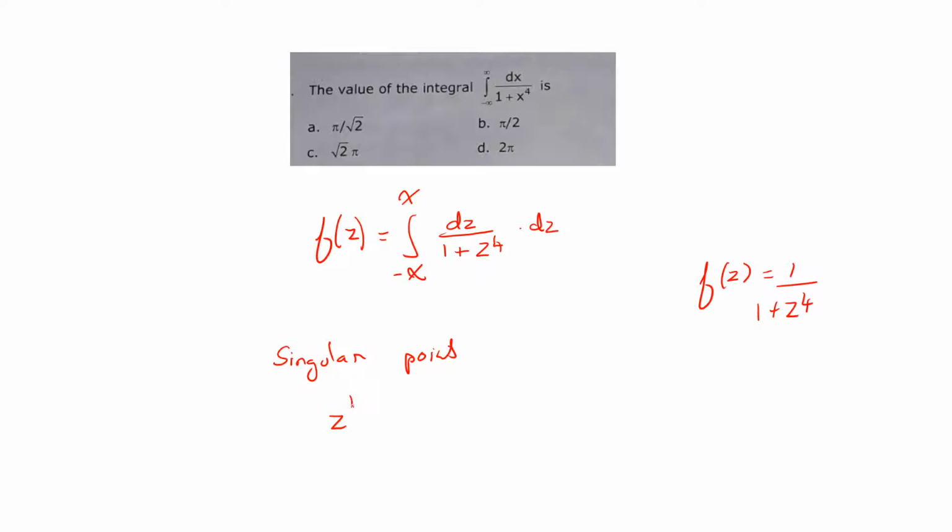z to the power 4 is equal to minus 1, or z is equal to minus 1 to the power 1 by 4. Now this can obviously be written in terms of the exponential.